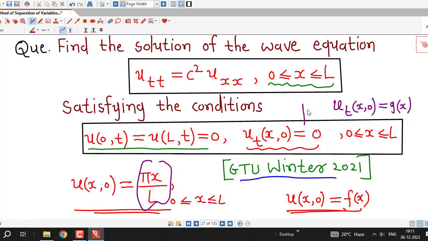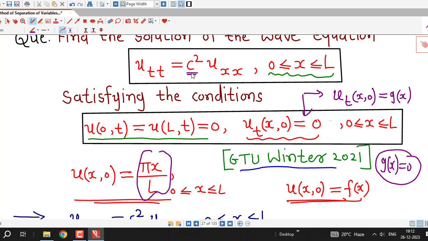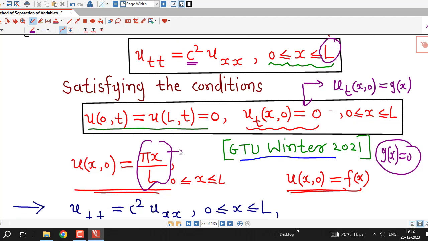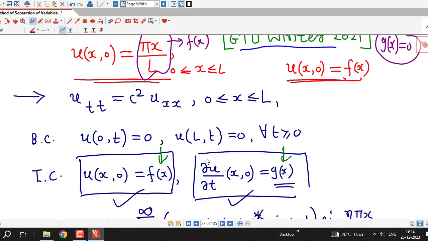Comparing, we find that function g(x) is 0, and c is as it is. C is the physical constant, which we will keep as it is. L is also as it is, and we will consider f(x) equal to pi x divided by L.